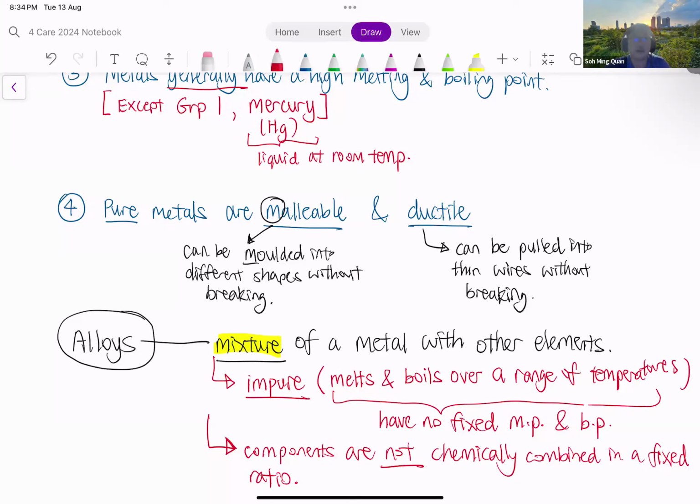For instance, if you say an alloy, this alloy contains iron and carbon, let's say. Must the iron and carbon be in a 90% to 10% ratio? No. To make the alloy, I could have used 90% iron, 10% carbon. I could also have used 99% iron, 1% carbon. There is really no fixed ratio of the components in an alloy.